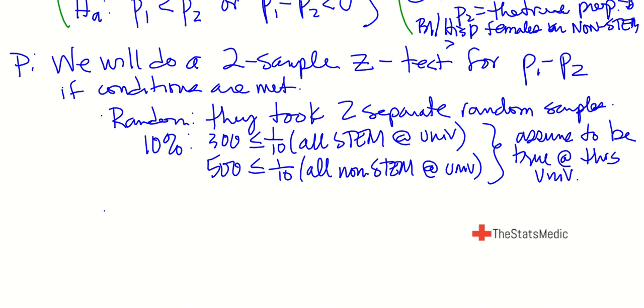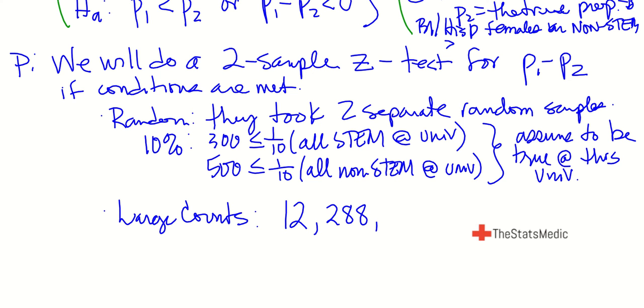Let's address our final condition. With proportions, we do large counts. So we don't use expected counts here, we use actual counts because we're not comparing to an alternative proportion, we're just comparing the two proportions. And so we get that the number of successes we had from our STEM students was 12, out of 300, so that leaves us 288 failures.